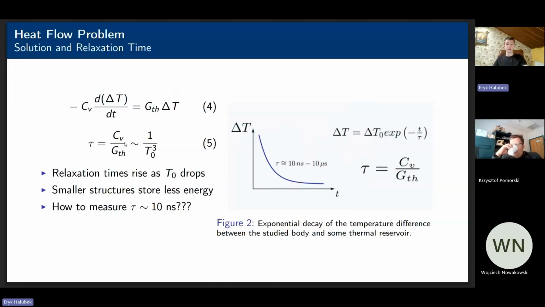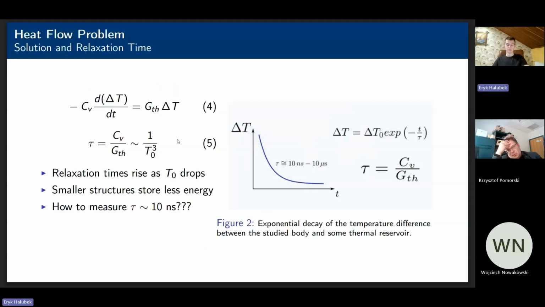And the relaxation time of this body of heat capacity CV in our cases can be as low as 10 nanoseconds. So obviously it's dependent on the size of the body.